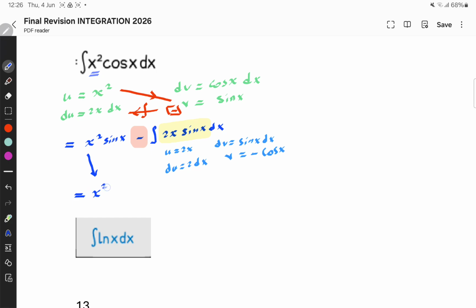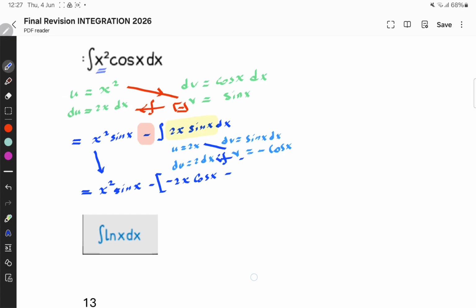X squared times sine x minus, then you need to open a bracket because that minus will change all the signs after it. Now apply the rule again. 2x times negative cosine, it will be negative 2x cosine x minus integral of v du.